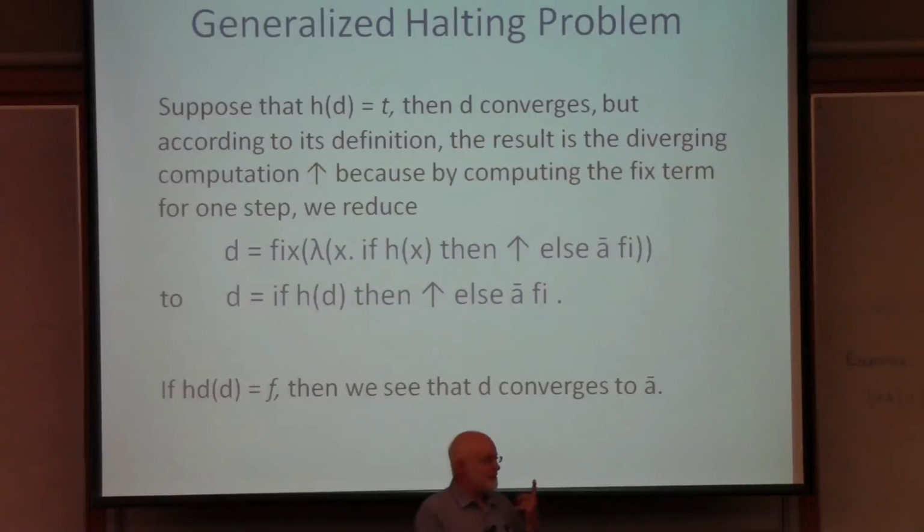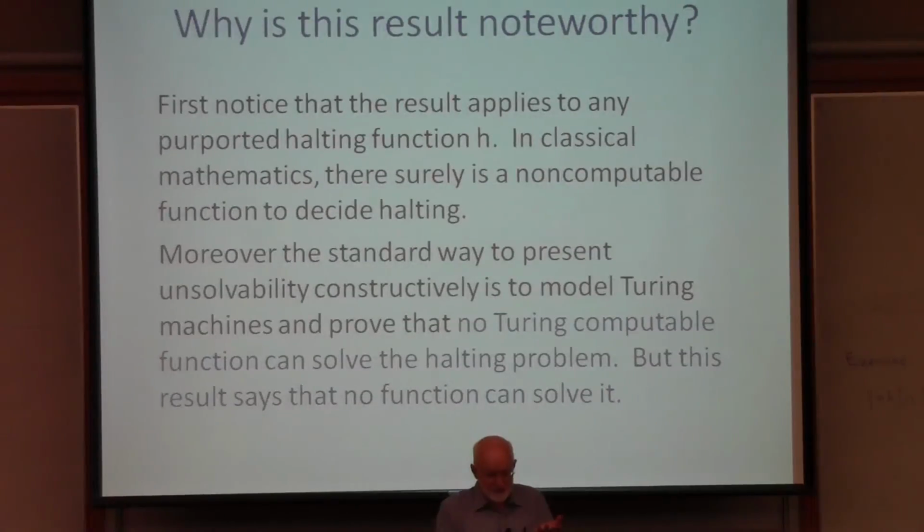There's no indexing of Turing machines. There's hardly anything to this argument. But it's a very strong argument. This argument is not consistent with classical mathematics, right? Because we're saying there is no function in the type theory, in the Nuprl type theory, that can decide the halting of that stupid little fixed point function.